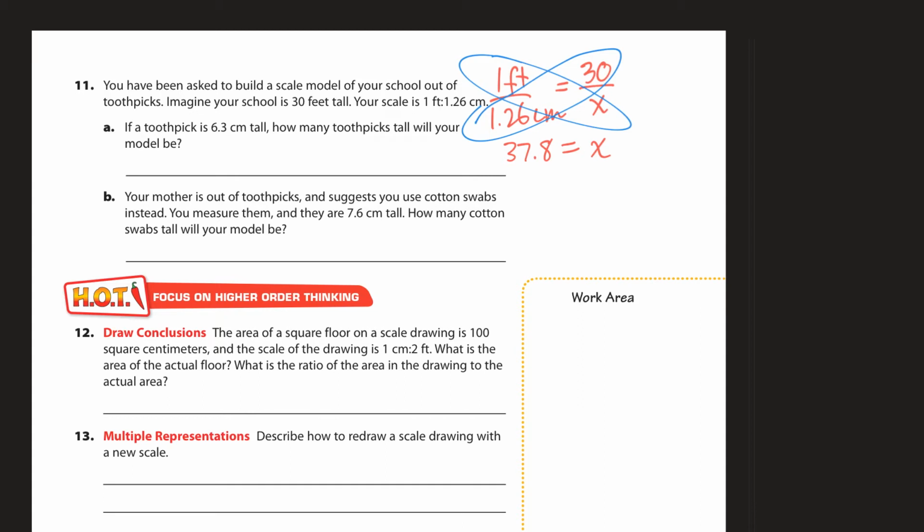Well, we would take the 37.8 and divide it by 6.3. And 37.8 divided by 6.3 is exactly 6. So that would be 6 toothpicks tall.